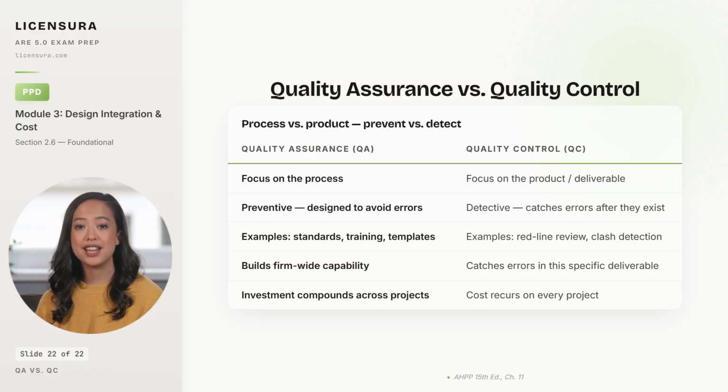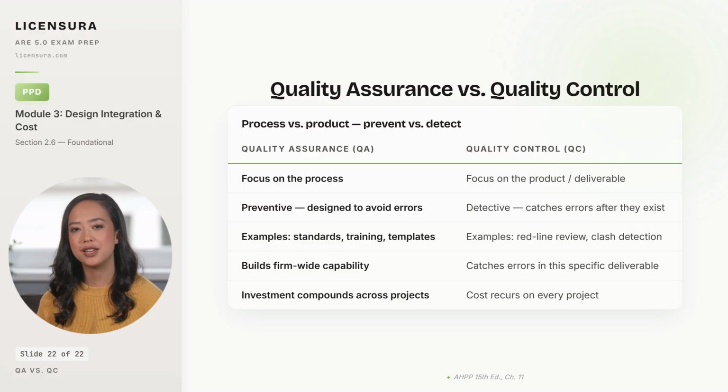QA builds firm-wide capability that pays off on every project the firm does. QC catches errors in this specific deliverable, and the catch does not transfer to the next project unless QA captures the lesson. And the financial reality. QA investment compounds across projects.